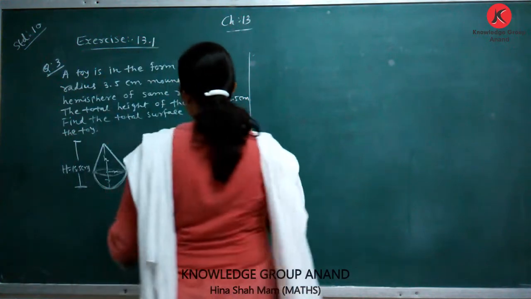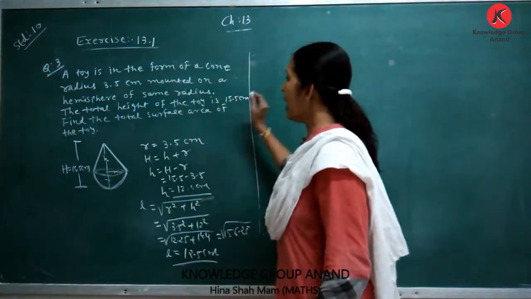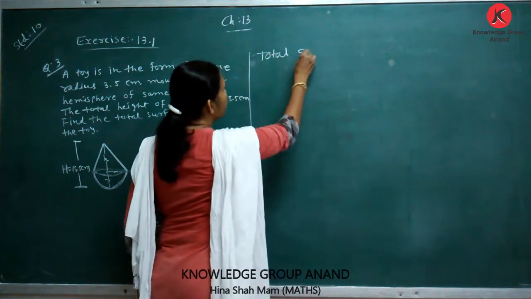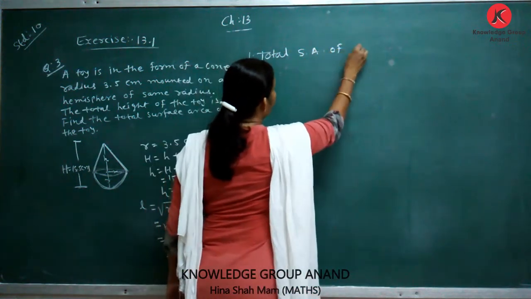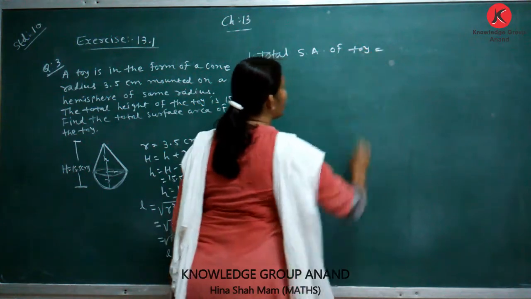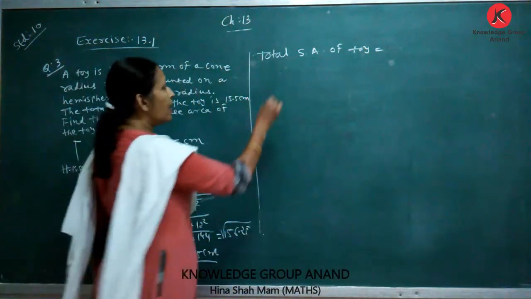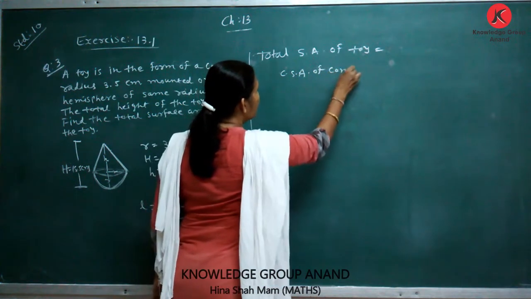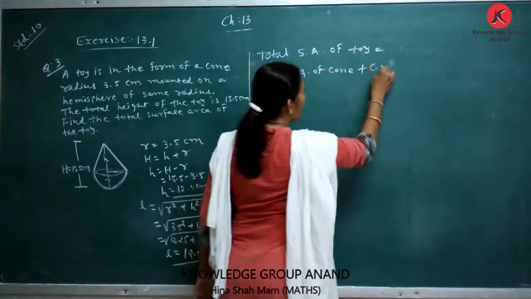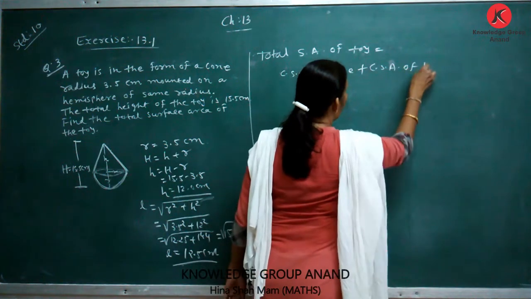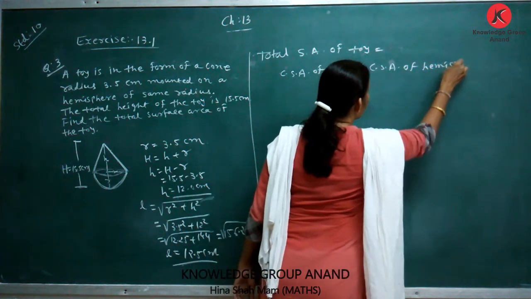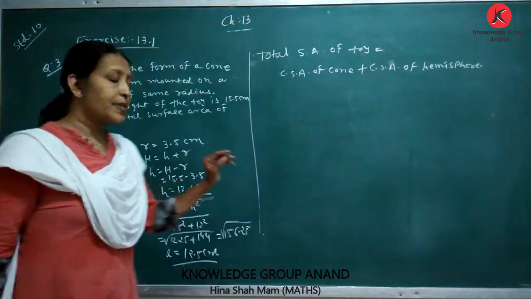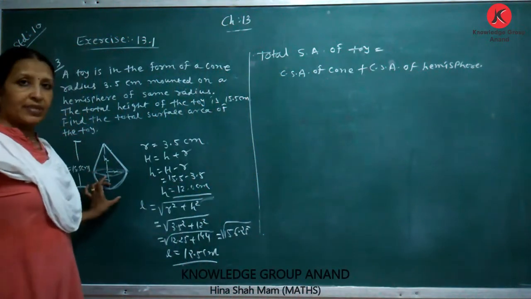Now, the total surface area of the toy is equal to the curved surface area of cone plus the curved surface area of hemisphere. The toy is made up of a combination of two shapes, cone and hemisphere.